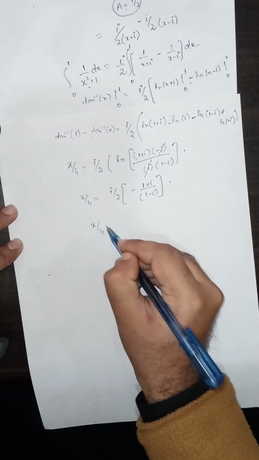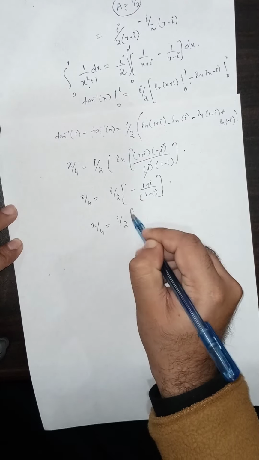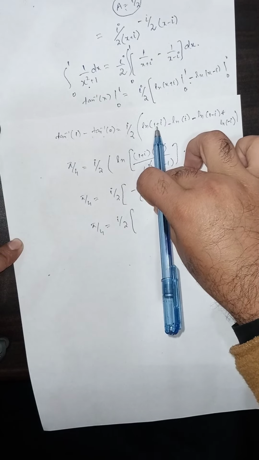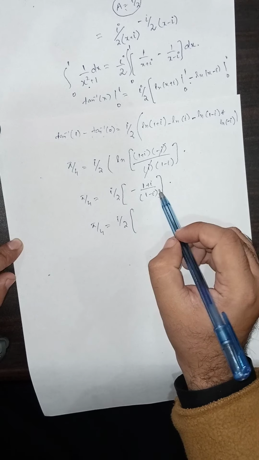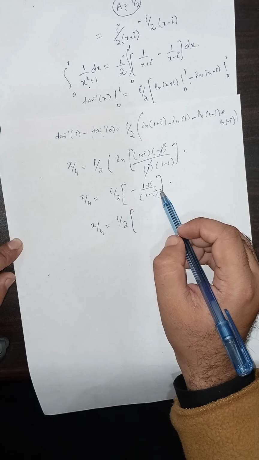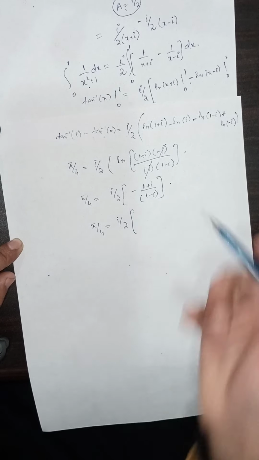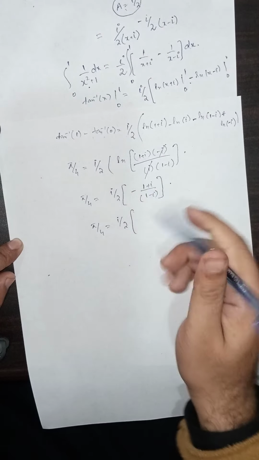So rationalize this fraction: 1 + i divided by 1 − i. Multiply and divide by 1 + i.